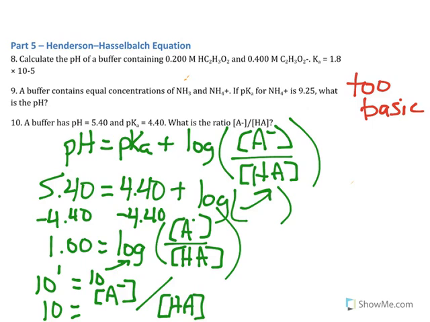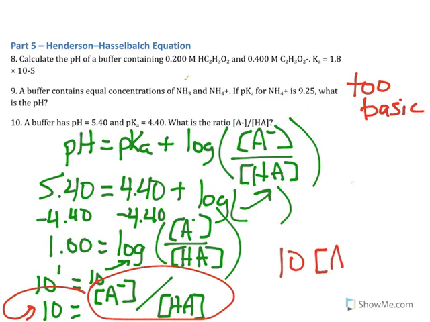Well, if this fraction right here equals 10, then that means it's 10 conjugate bases for every one weak acid. So my ratio here is 10 to 1. The conjugate base is 10 times as concentrated as the weak acid, which actually leads to an interesting discussion here.